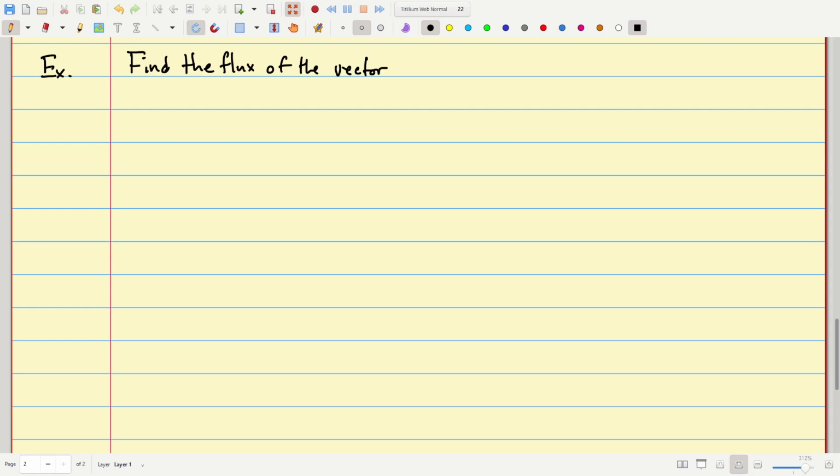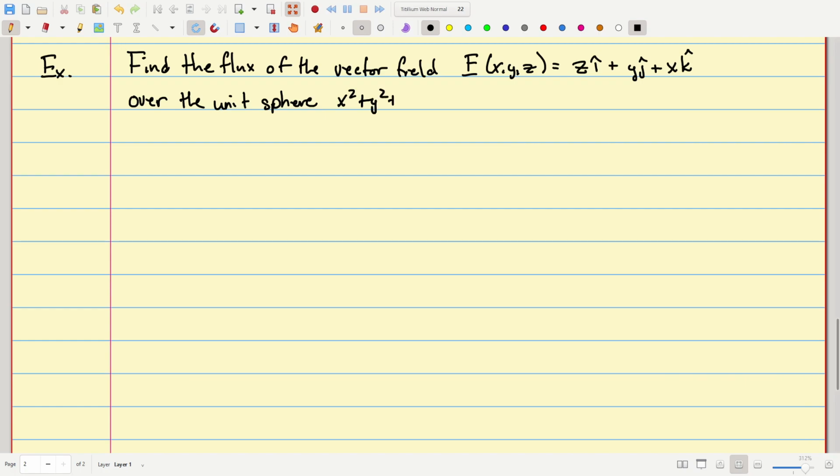So we want to find the flux of the vector field z, y, x, and we want to measure this over the unit sphere, given like this.